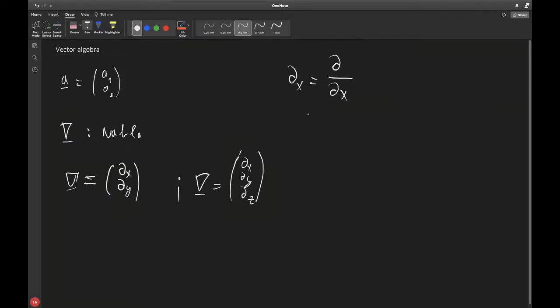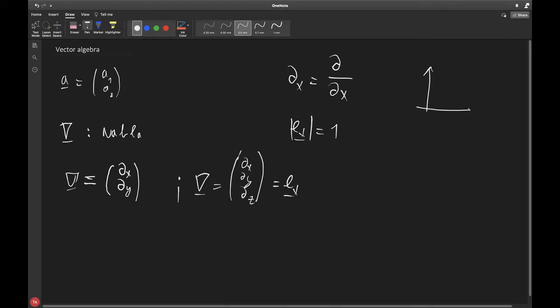And I can also write the same thing introducing the unit vectors. So ex has a length of 1 and has a direction in the x direction. So this is 1, then this red arrow is the ex vector.